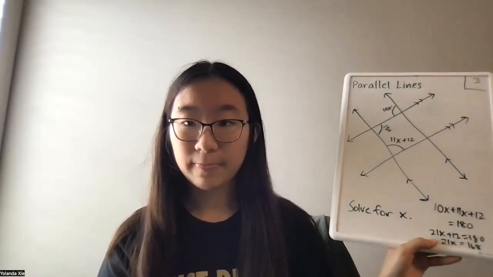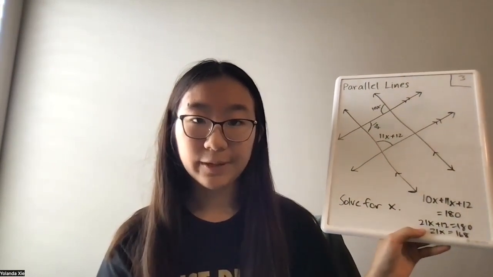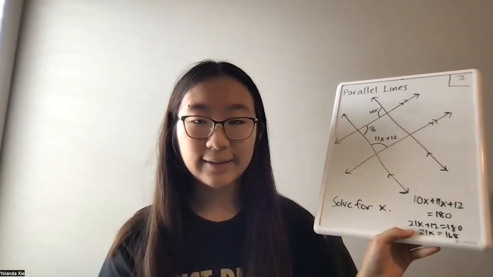So we combine 10x and 11x to get 21x plus 12 equals 180. Next, we subtract 12 from both sides to get 21x equals 168. And now we divide both sides by 21, and our answer is that x is 8 degrees.